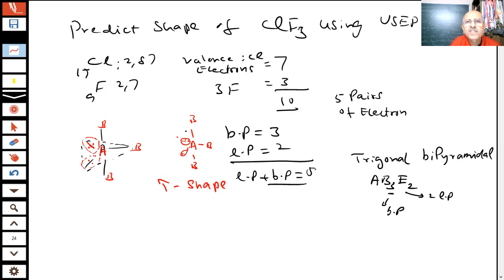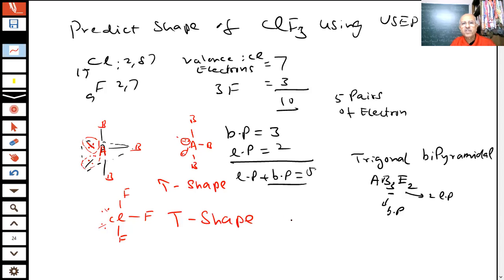So in this case, ClF3, what will it look like, students? Cl, there F, and you have electron pairs. So what is the shape? T shape.